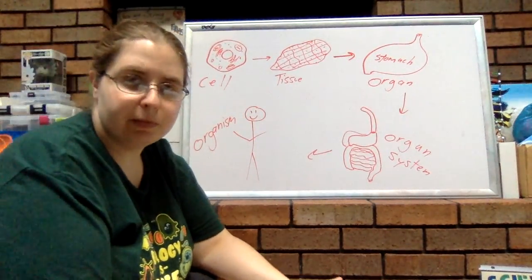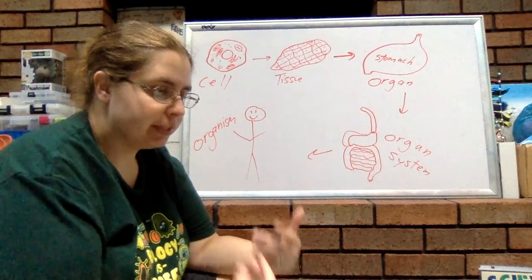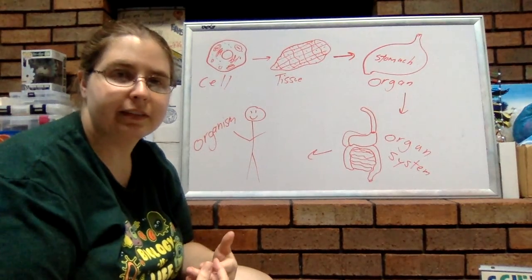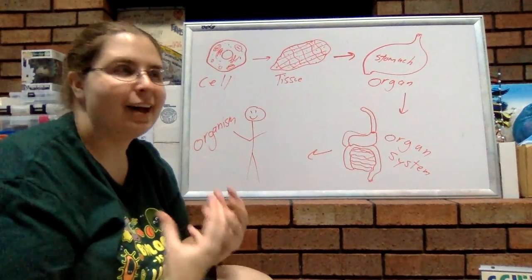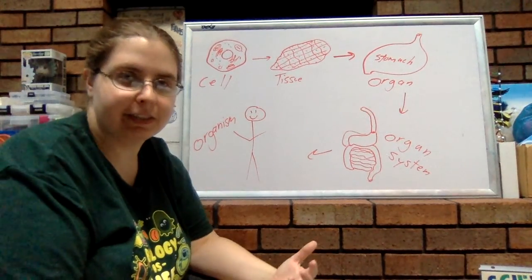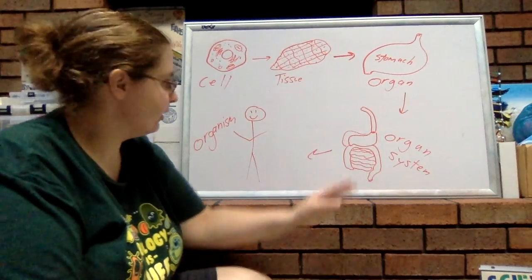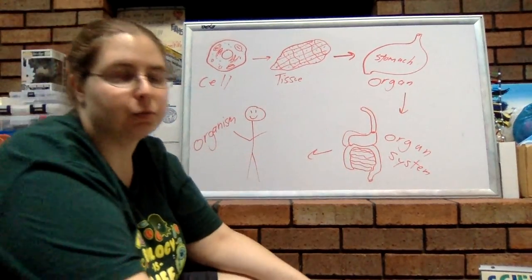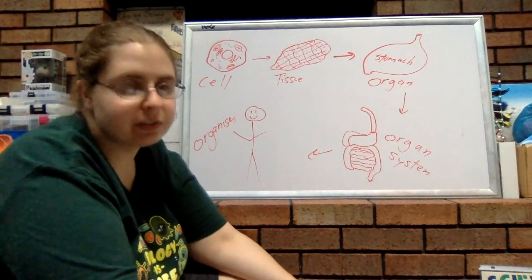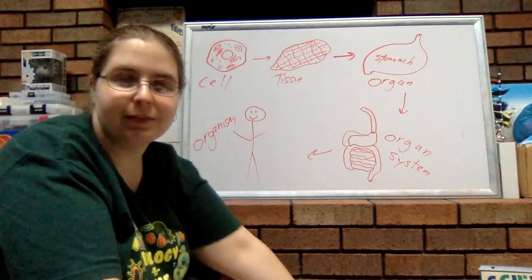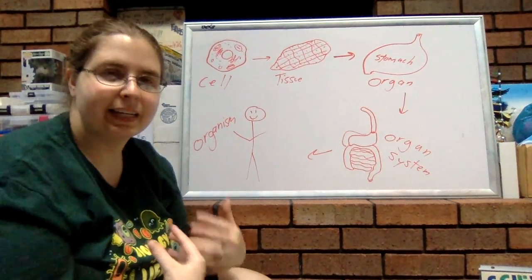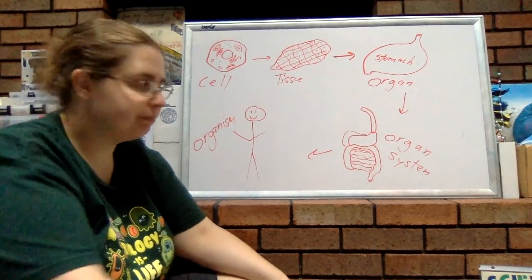If you were to think about yourself as an organism, we have many different organ systems that work together to allow us to be a fully functional living organism. We have the digestive system like we showed here. We have a respiratory system, a circulatory system, an immune system. We have a whole bunch. There are actually 11 main organ systems that keep us going.